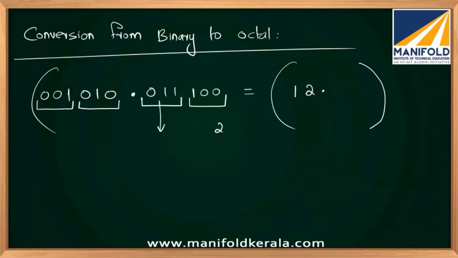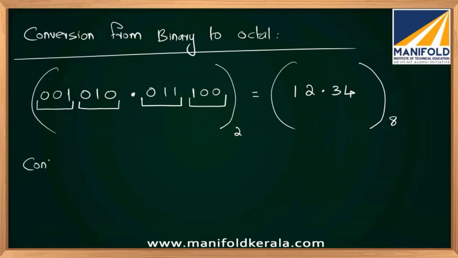What is 011 in octal? It is 3. And what is 100 in octal? It is 4. So this is the base 8 representation. Right. So I think that is clear.